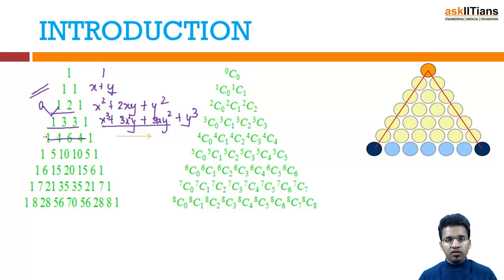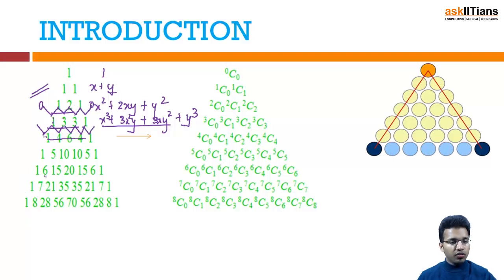Here we suppose there is no term: 1 plus 0 gives me 1. Now 1 plus 2 has given me 3, 2 plus 1 has again given me 3, and the last one comes from 1 and 0. In the same way, 1 will come from here, then 4 comes from 1 and 3, 6 comes from 3 and 3, 4 comes from 3 and 1, and 1 comes from the end.